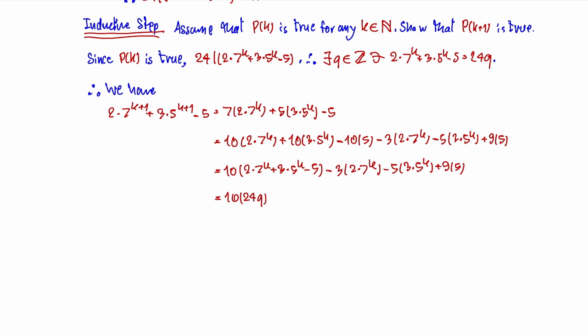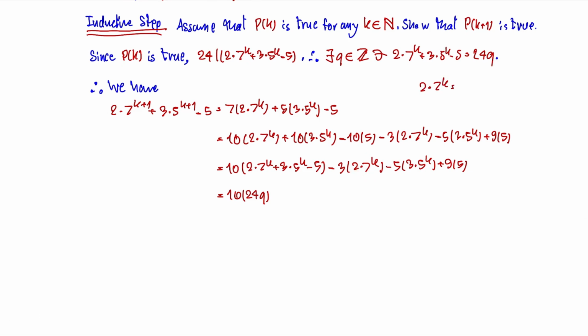And then, how can we deal with this? How do we have 24 as a factor from here? What I'm going to do is to look at minus 3 times 2 times 7 to the k. Okay, this is 2 times 7 to the k.